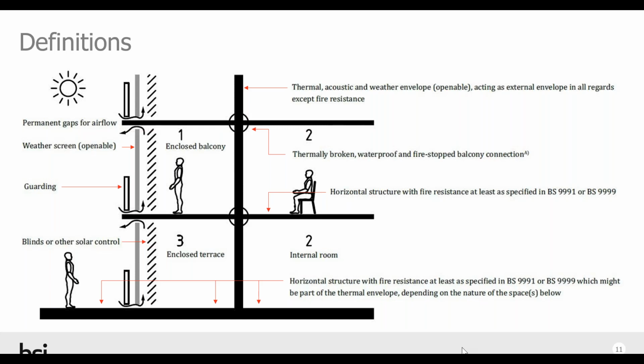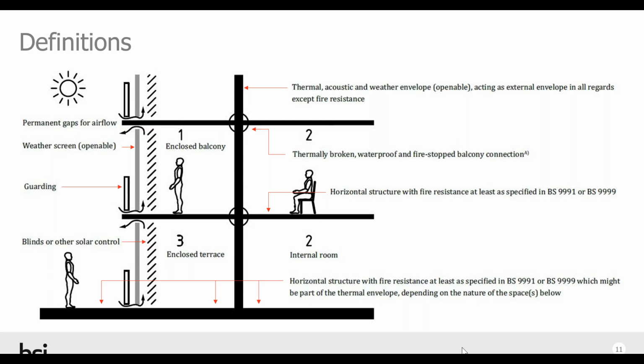So some people would want to put the thermal envelope on the weather screen line. That would not fall within the provisions of the standard, and would create some form of internal room, internal space, and in terms of the standard, wouldn't be classified as a balcony.